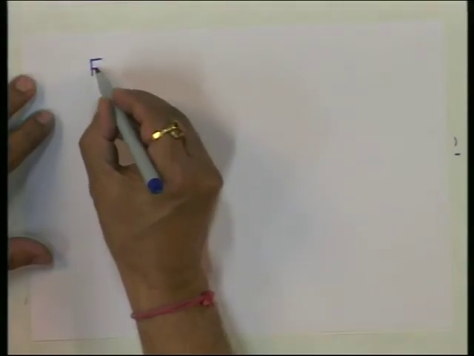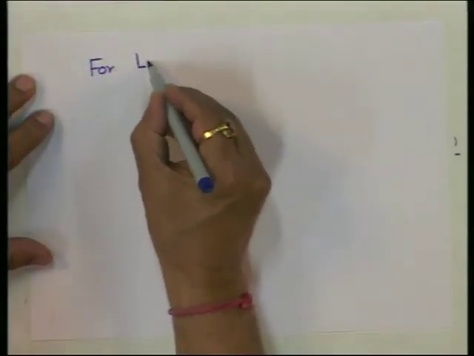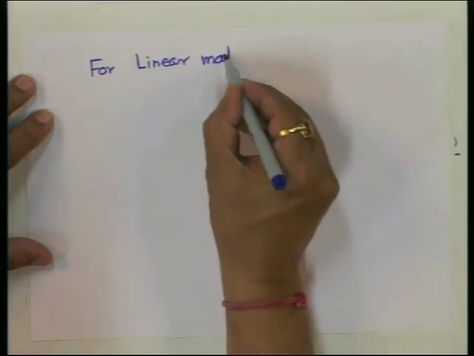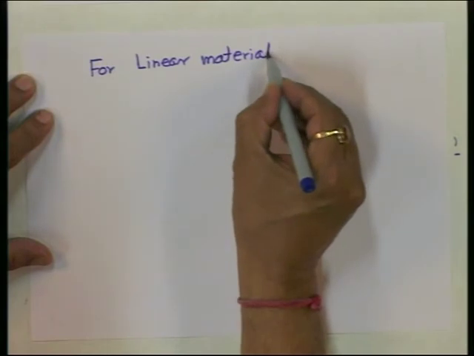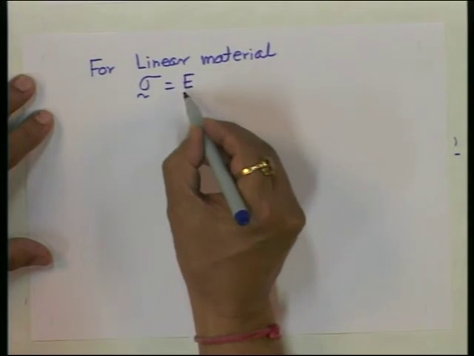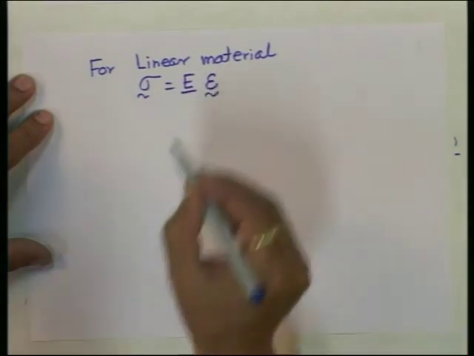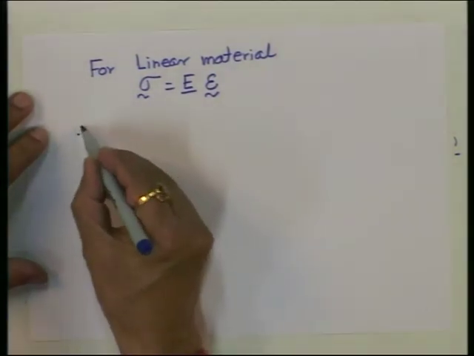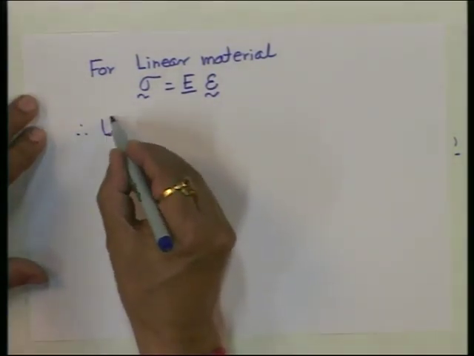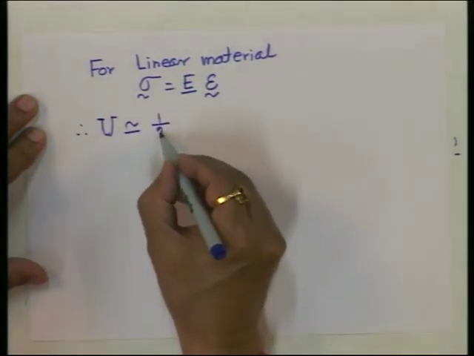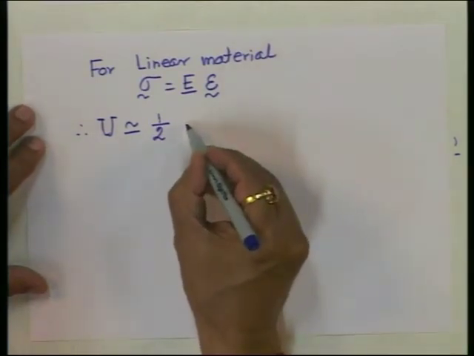But if you have a linear material, we have all established that sigma is equal to E times strain. So, we can replace sigma by this quantity. Therefore, for linear material U can be written as, see this is very simple, there is hardly any complication, it follows from 1.